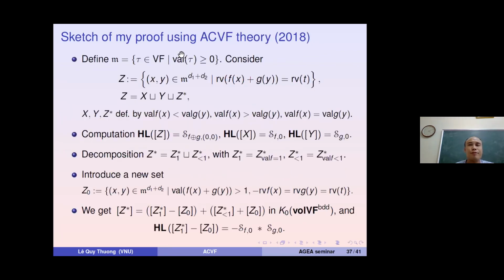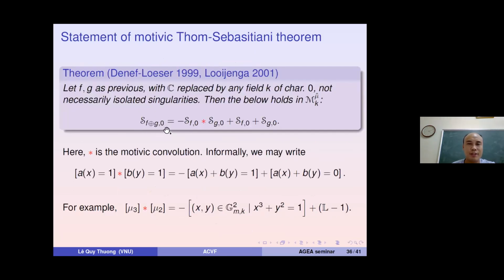So I sketch my proof using the ACVF theory. I typed some mistake here. By definition, M is the set of t in VF such that the value of tau is strictly positive. This should be the thing in the left hand side of the identities.